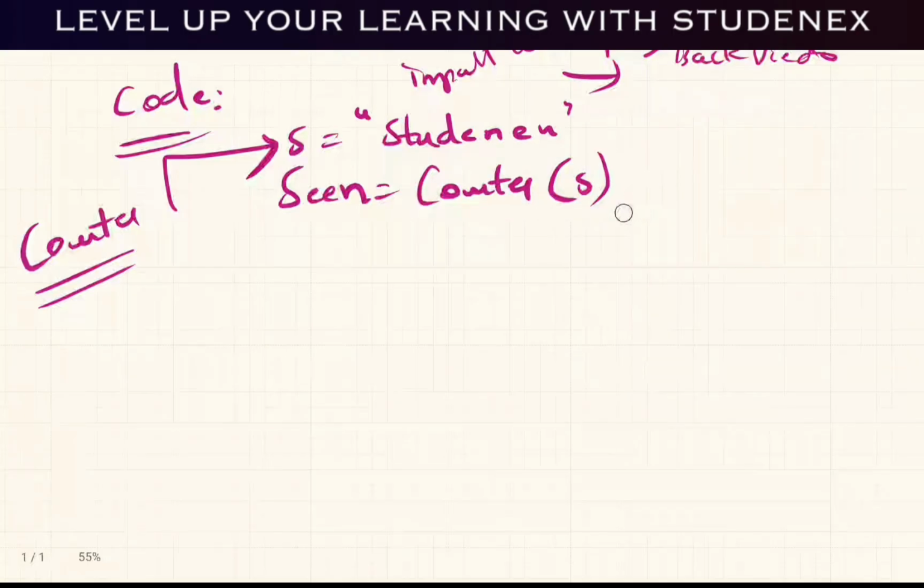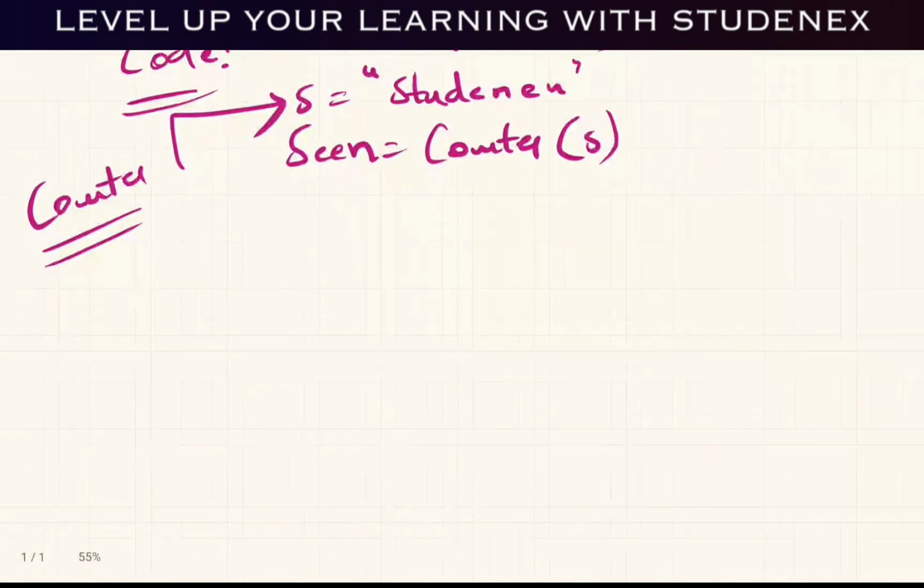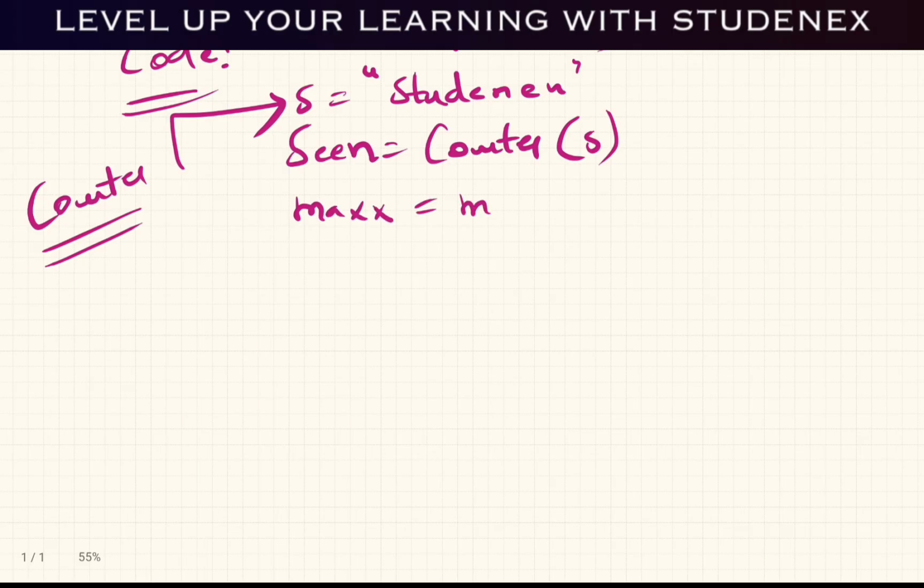So now what I'm gonna do here is, after counting each element in the string, I'll take a variable called max, and I'll find the max value of key, sorry, not key. Here we are taking our variable, which is seen, right?